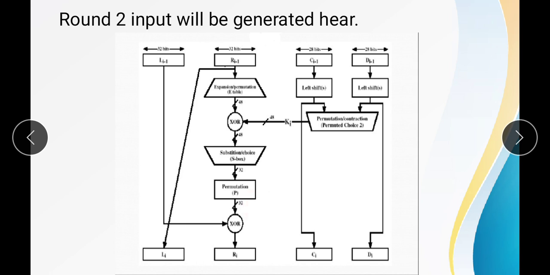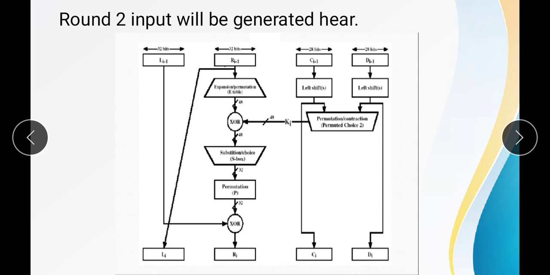Now what is next: we have to apply that output to the XOR function, and with that we use our initial left 32 bits in the XOR operation. It means the left part of the plain text. After that we'll get the output, that is R1, again 32 bits, and this is the right one.